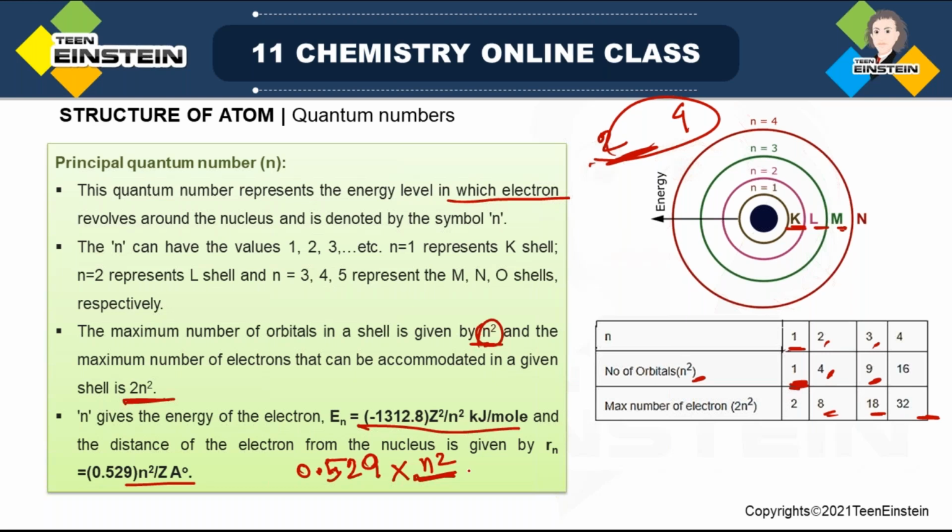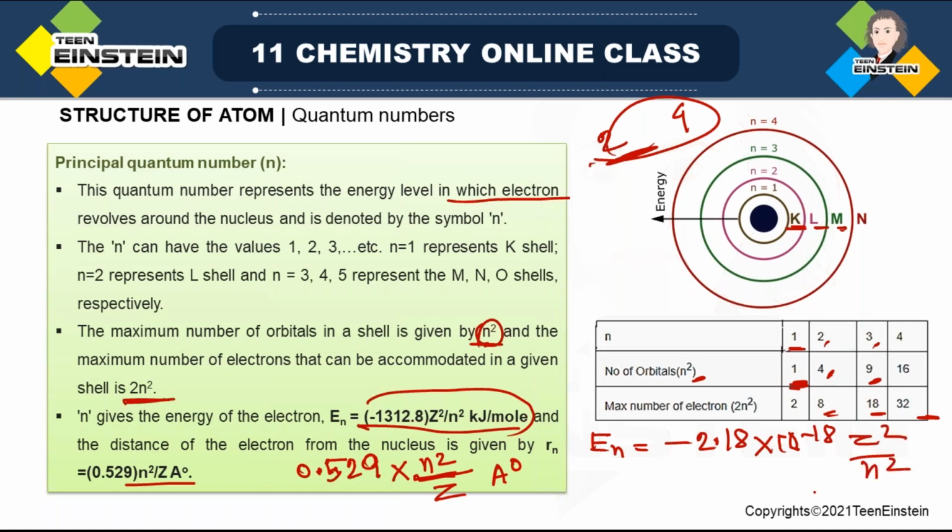Now this energy term that you are seeing here. Remember, in Bohr's model we expressed the energy like this: minus 2.18 into 10 to the power minus 18, then Z square by n square. But remember, this energy is for a single atom. Here, look at the unit, it is kilojoule per mole.